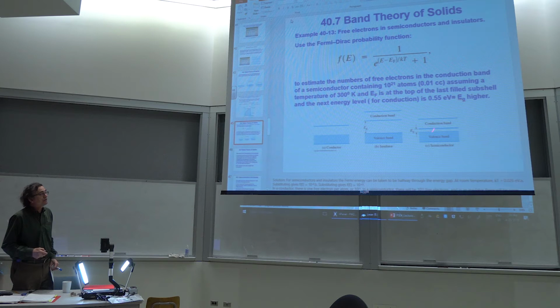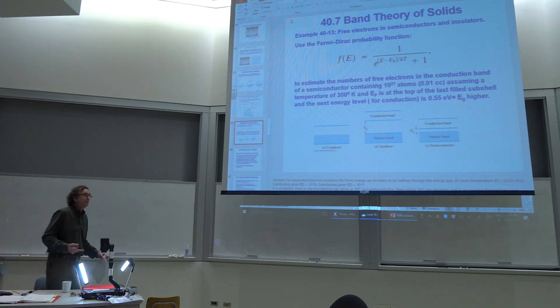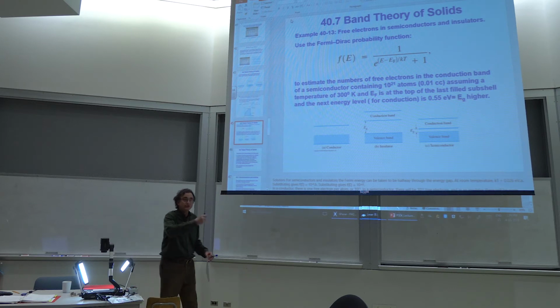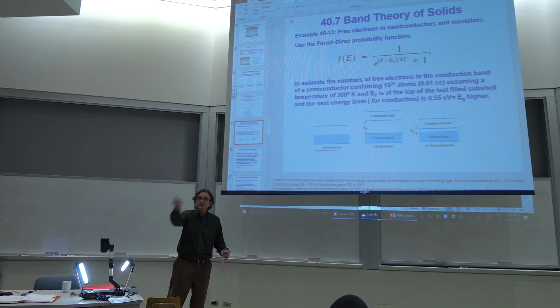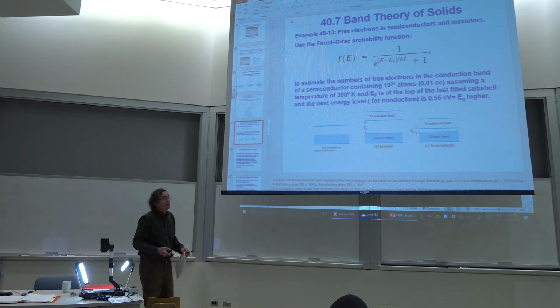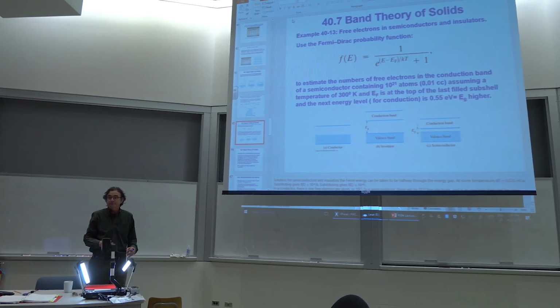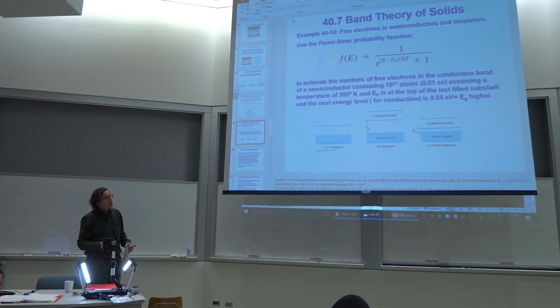And I know from thermal energy alone, I'm only going to get 1 in 10 to the 9. But I can make it more conducting if I shine light on it, because I'm then absorbing photons and pushing electrons into a higher energy level, just as absorbing photons in the hydrogen atom pushes them up into a higher energy level. And therefore, they can get into the conduction band. Okay?